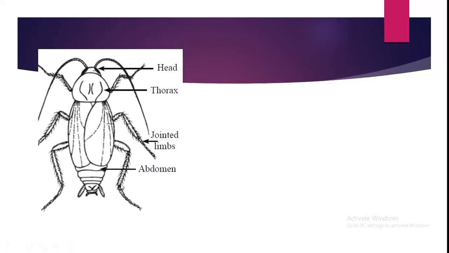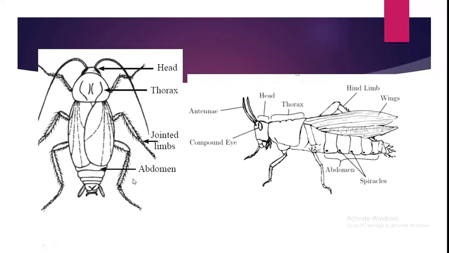These are also coelomates. Their bodies are segmented. You can see the segmentation. This is a cockroach and this is a grasshopper. So you can see the segmentation in their body. The exoskeleton of these arthropods is made of chitin.